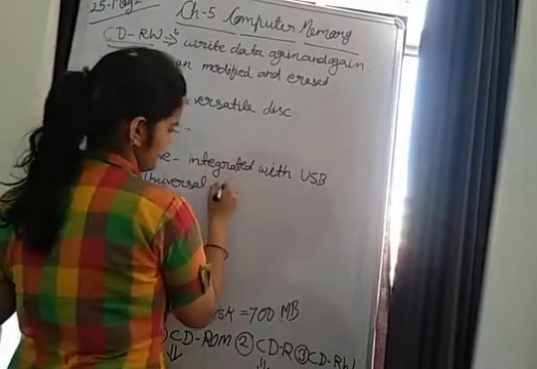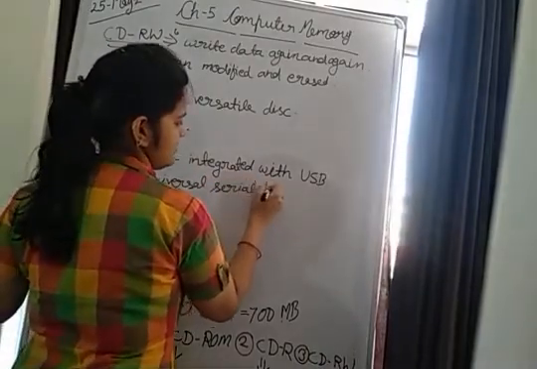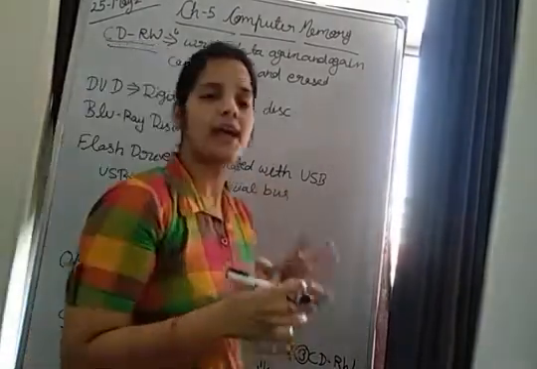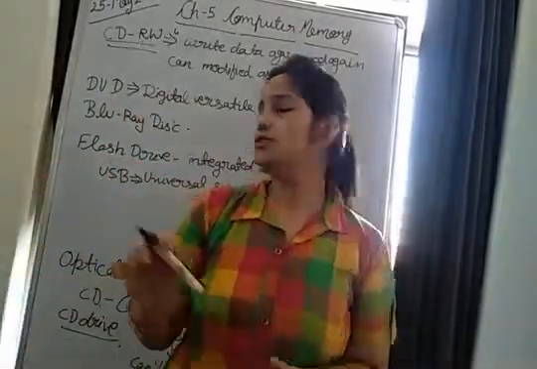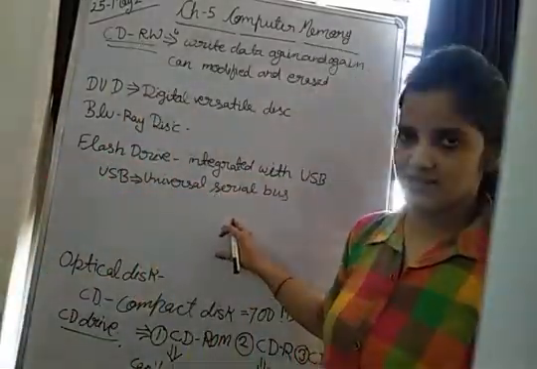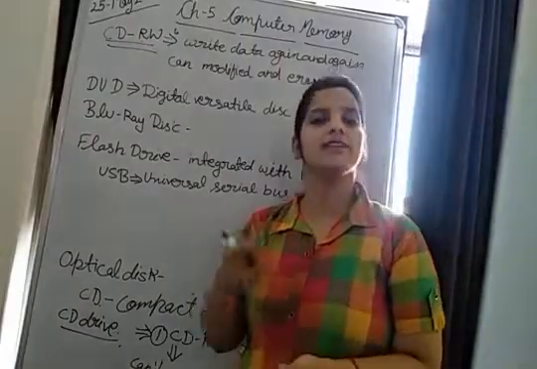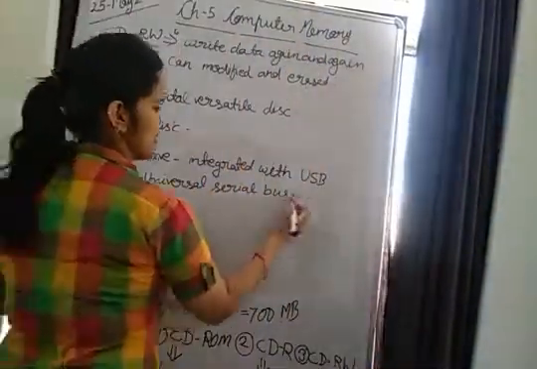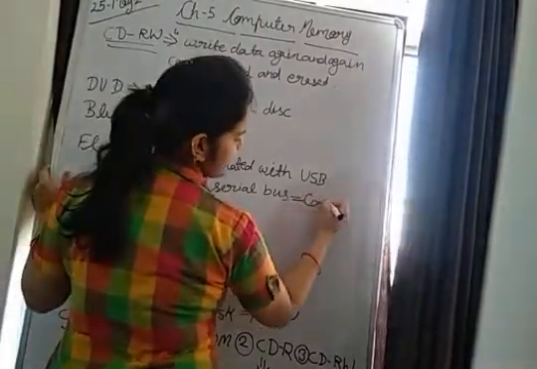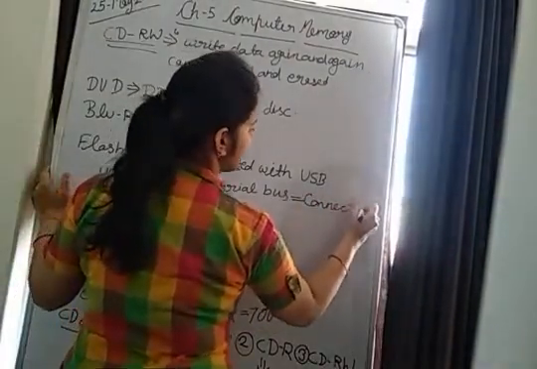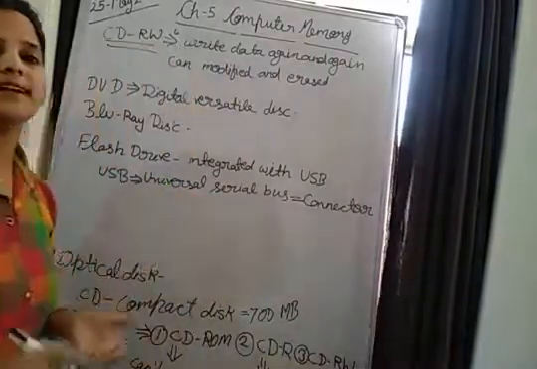With the help of USB you can attach the flash drive with any computer system, with any device. So this works as a connector. Which one? USB. USB works as a connector.